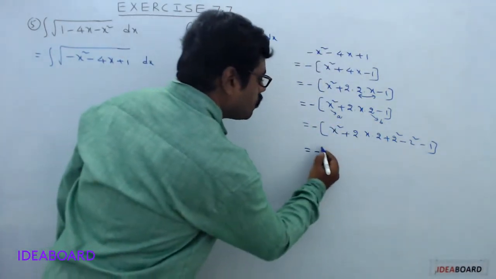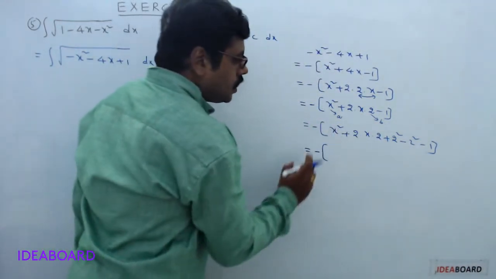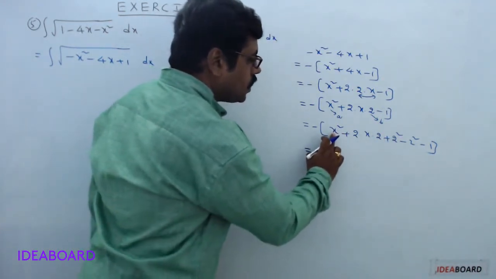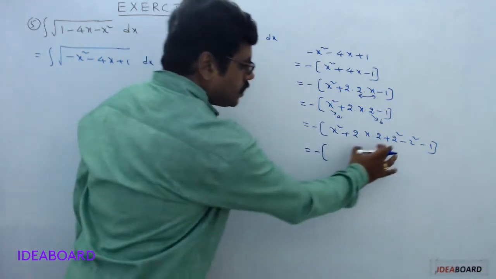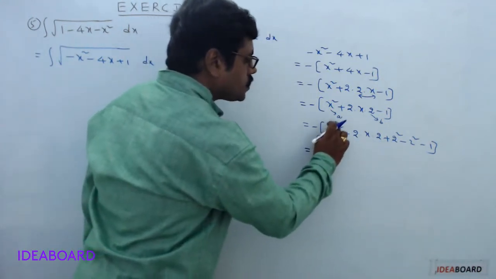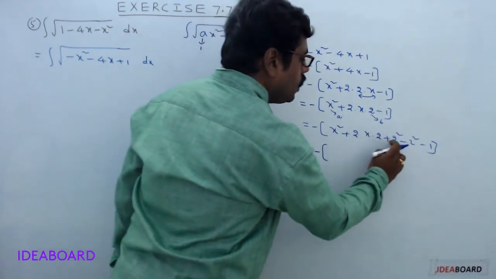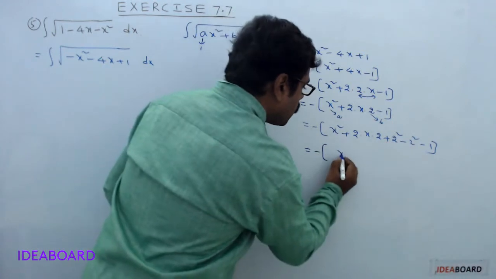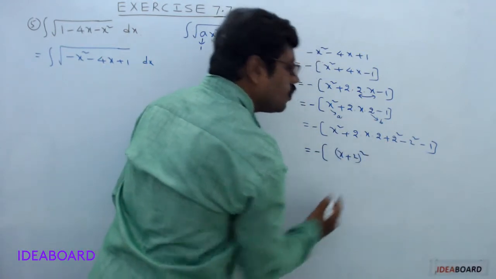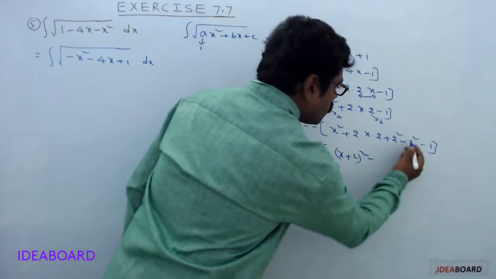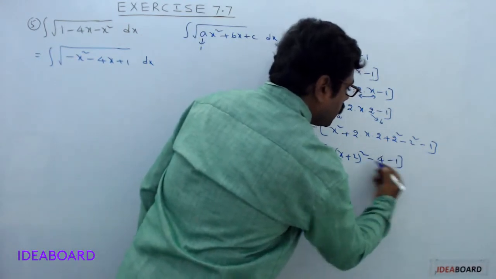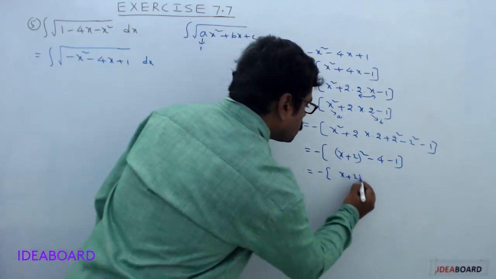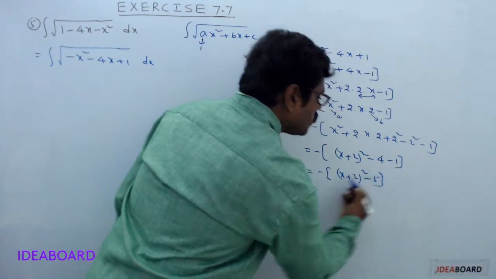Now this is equal to minus of, see here the combination of these three terms can be taken as x plus 2 whole square. This expression is of the form a square plus 2ab plus b square. So these three terms can be taken as x plus 2 whole square minus 2 square, that is 4, minus 1. Now this is equal to minus of x plus 2 whole square minus 5.